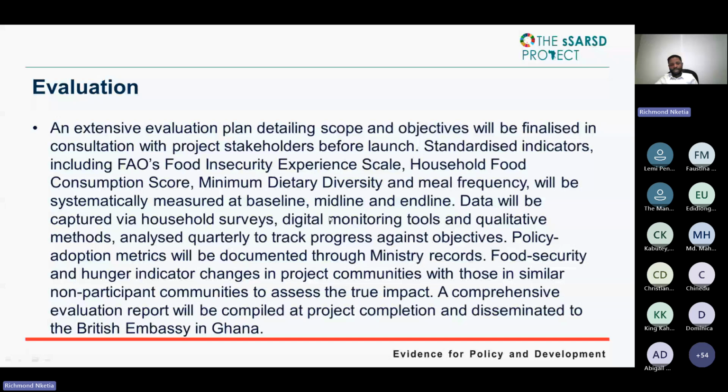Data would be captured using surveys. You can also use digital monitoring tools. You can also use qualitative methods where you ask people, how do you feel now compared to initially about food security or insecurity? And then they tell you, in the past, when I was going to bed, I was so concerned.